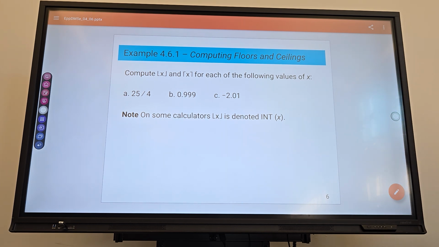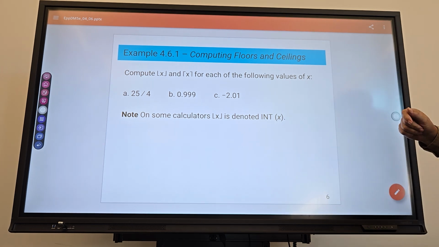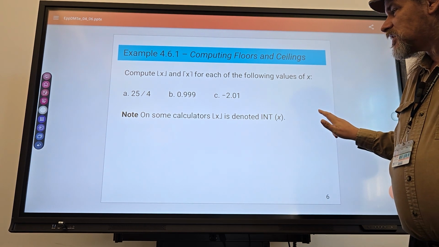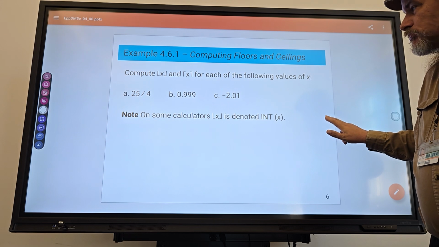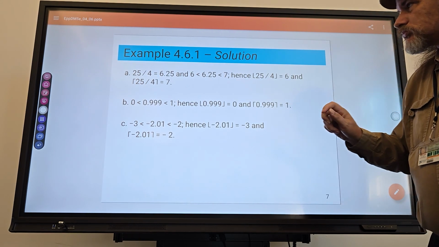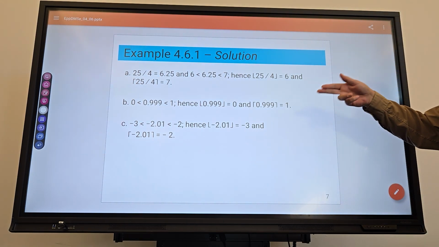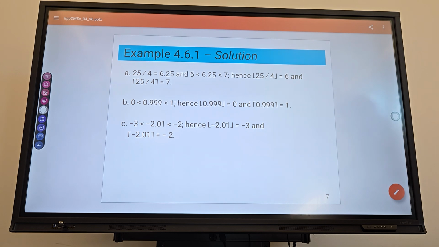It's -3. It's the next integer down on the number line. And the ceiling would be -2. So here are the worked out solutions.